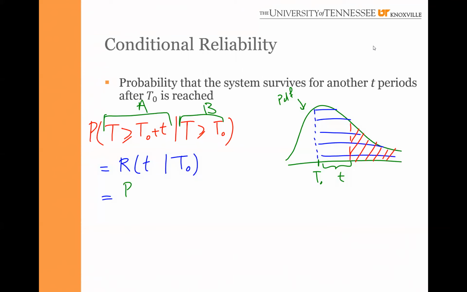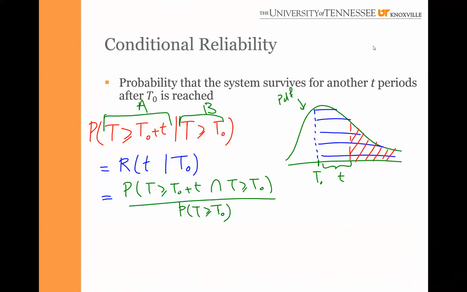So this will be P of A intersection B, which is T greater than or equal to T0 plus T and T greater than or equal to T0, over probability of B, right? Probability of T greater than or equal to T0. Fair enough? If I write in terms of two events, it will be P of A intersection B over P of B.